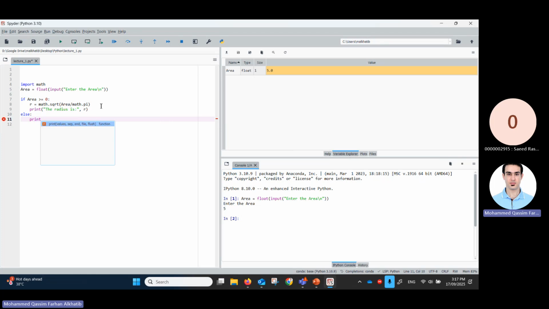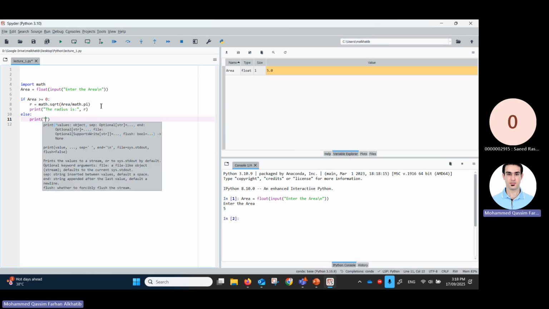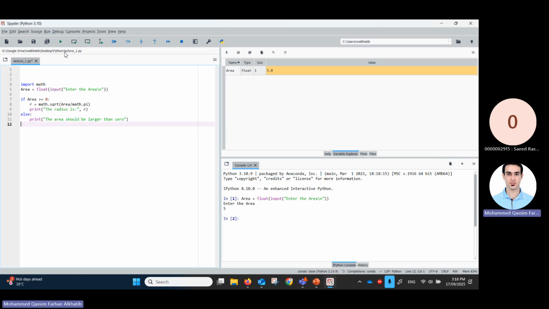So another printing statement, the area should be positive value or larger than 0.